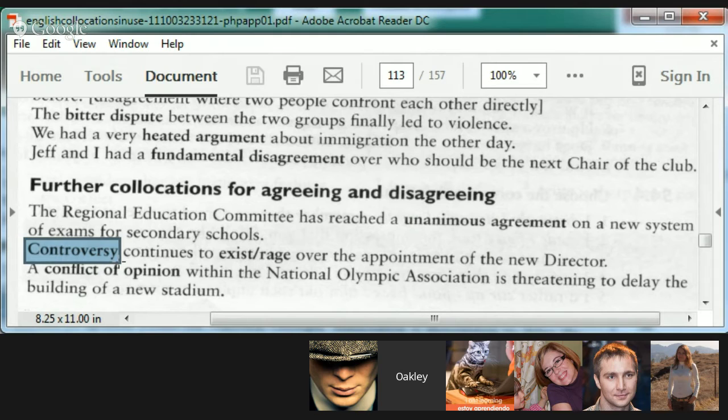Exactly. Controversy rages, that means a lot of people are talking about it and people are arguing about it. Not just two people, because two people, that would be an argument. Controversy rages, we're talking about a lot of people arguing about something. You know, things like politics, political decisions.